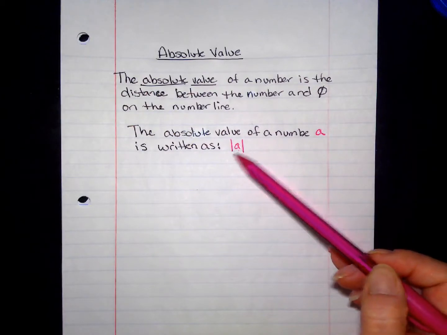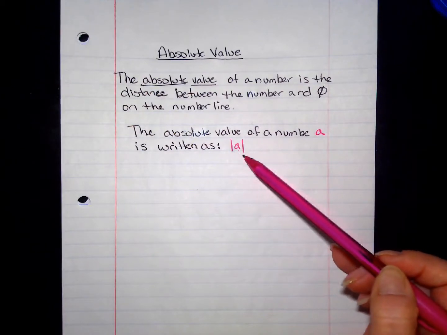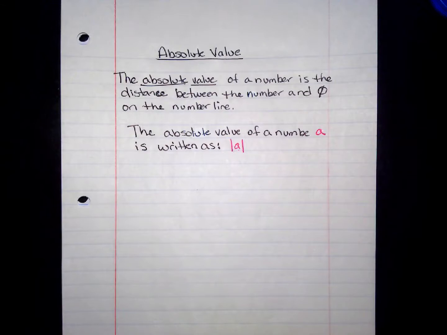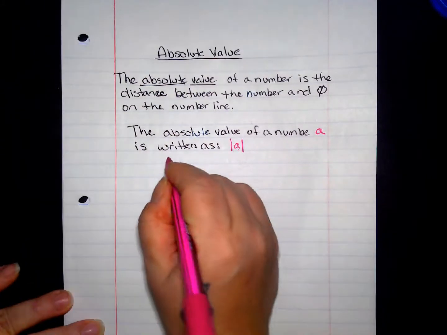And the 2 bars on either side of the number mean the absolute value of.